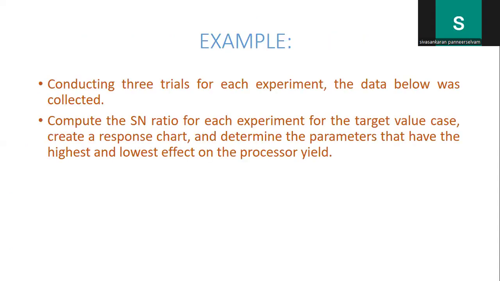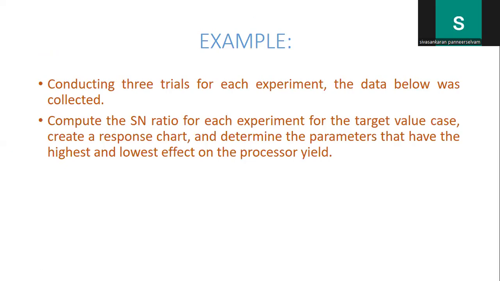Conduct 3 trials of each experiment, and based on the data collected, compute the signal to noise ratio for each experiment for the target value case. Create a response chart and determine which parameters have the highest and lowest effect on the processor yield.